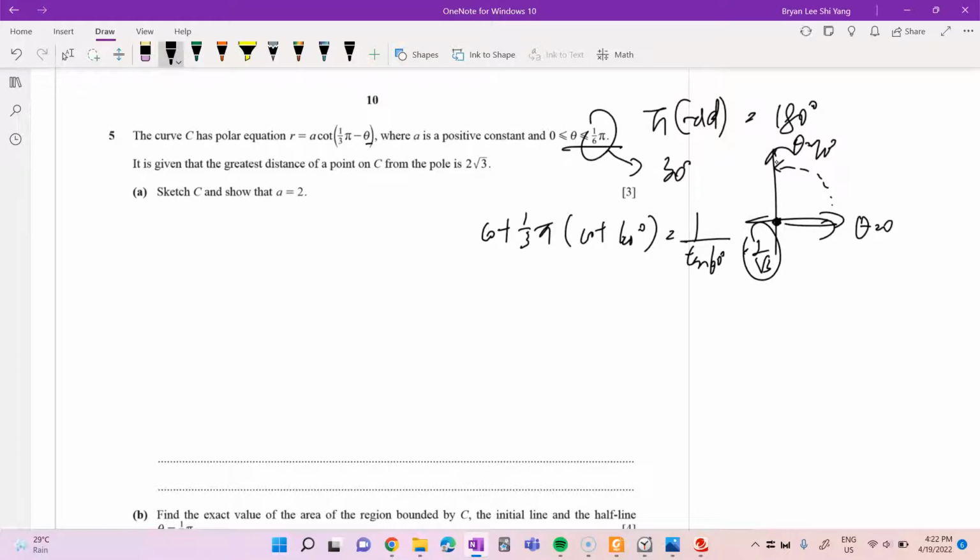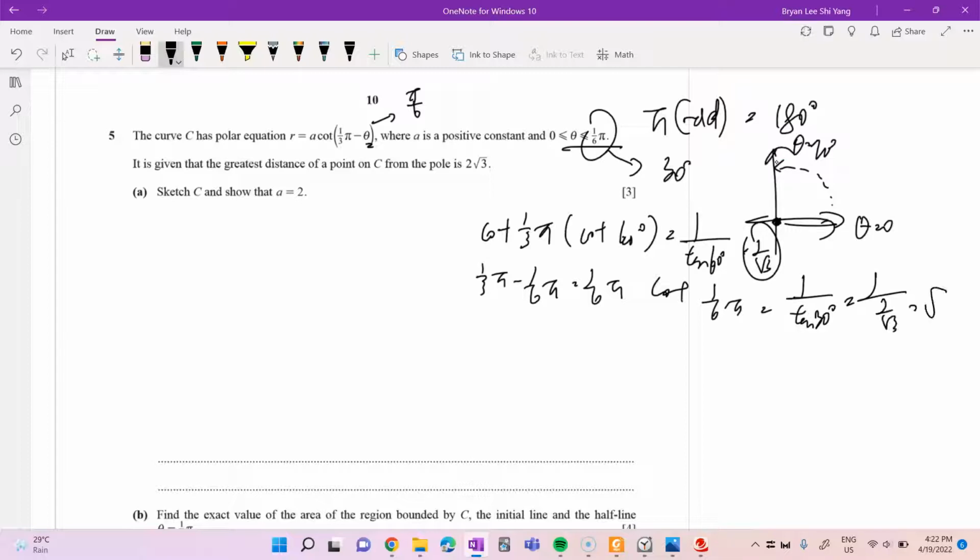And then the maximum value would be at θ equals π/6, right? So π/3 minus π/6 gives π/6. Then cot(π/6) would be 1 over tan 30 degrees, which equals 1 over 1 over root 3, which equals root 3. And then this whole thing is multiplied by some a.